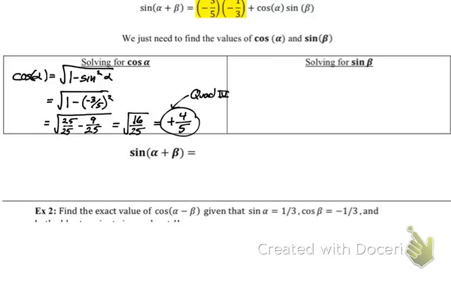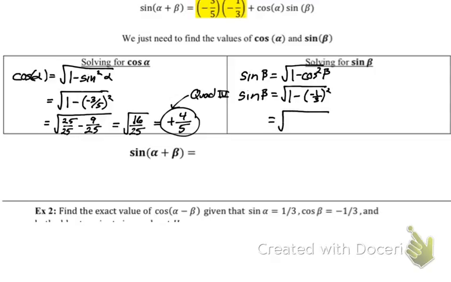Solving for sine beta. I'm just going to skip to sine beta equals the square root of 1 minus cosine squared beta. So sine beta equals the square root of 1 minus a negative 1/3 squared. Once again I look at the denominator, which is going to be 9.